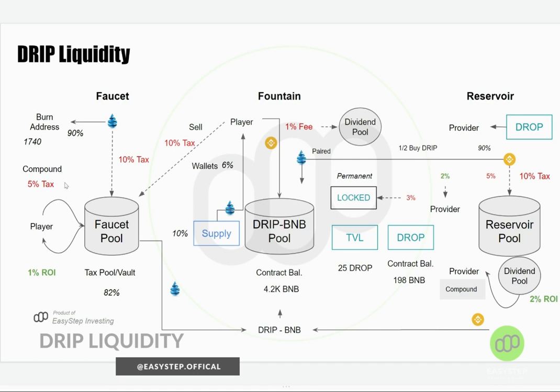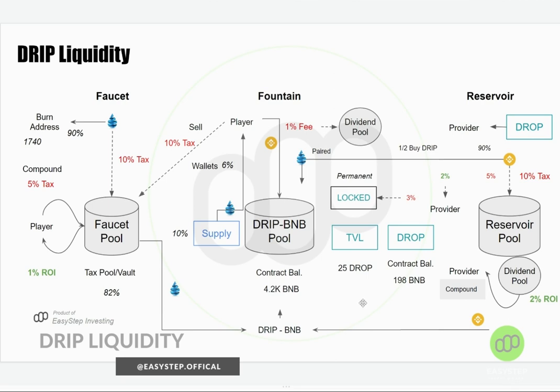That DRIP from the 5% tax goes into the faucet pool, and every so often, DRIP is taken from this faucet pool and is paired with BNB from the reservoir, and that's added to liquidity. This is a third way that BNB actually affects the BNB balance, and I'm pointing this out a little bit more in detail because this is the only place where it's covered. Now, let's go ahead and move forward in this video.